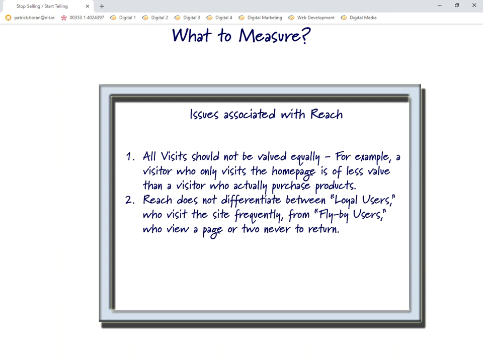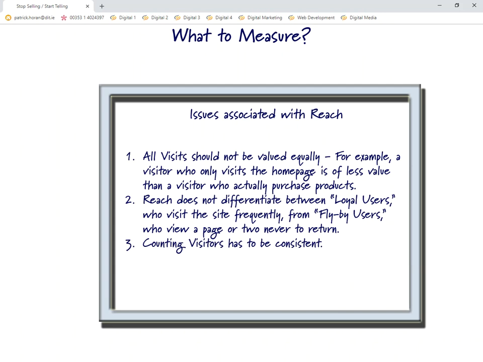So it's up to us to figure out who are our loyal customers, who are our fly-by customers, who are frequent customers, and at what position they are in the product life cycle. So in other words, when are the trigger points to when we influence them to do certain things? It's about understanding our customers as much as possible.